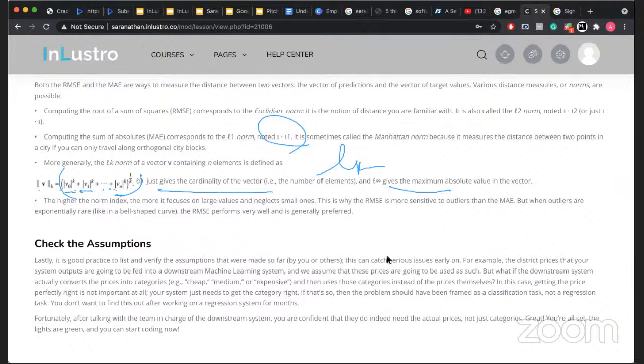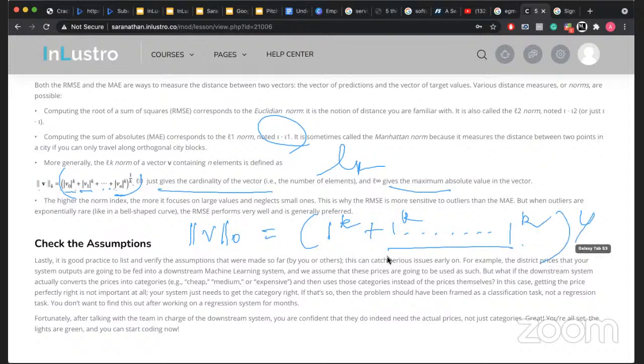Why L0? Because, for example, if you take v of 0, all the powers inside would be 1. So 1 power k, which will essentially be 1, will go on up till the number of elements of the vector, which is essentially the cardinality. So the answer would essentially be 1 so many times, so n power 1 by k.